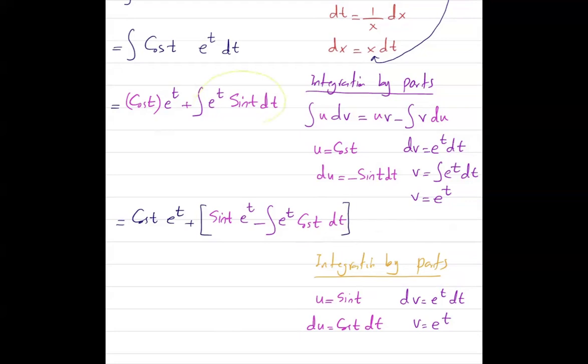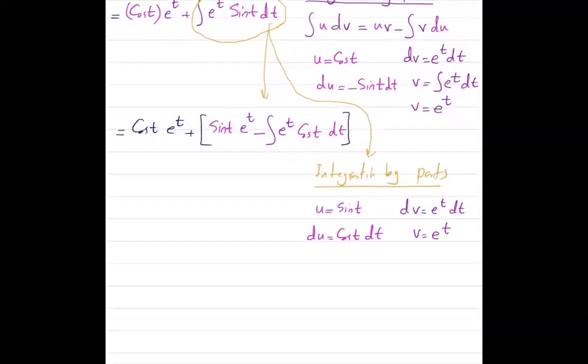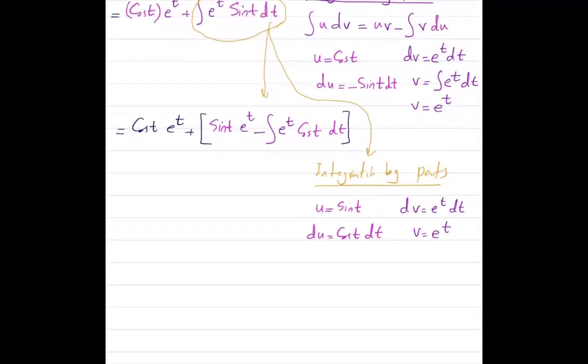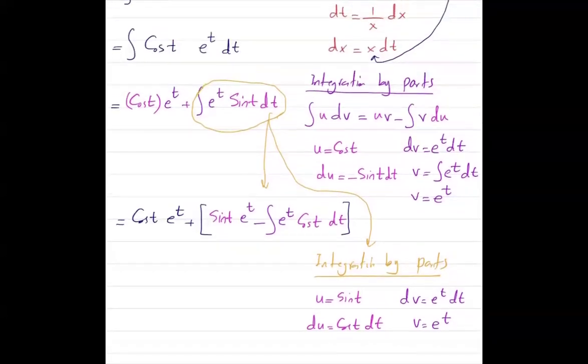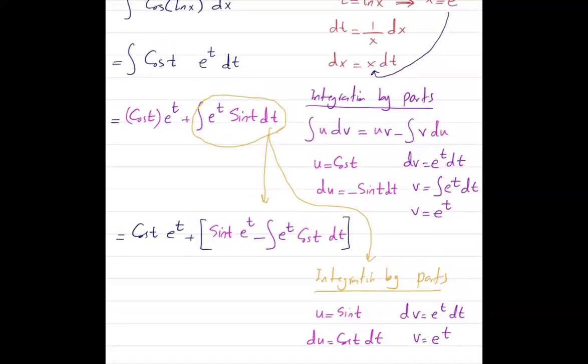So I took this and applied integration by parts again for it, and I got this one. Now what? Okay, take a look. This integral can be written as, so my original integral, what was it? It was the integral of cosine t e to power t, all right?